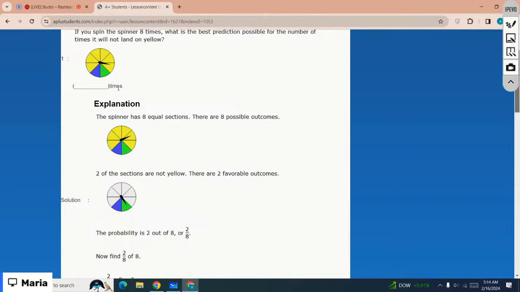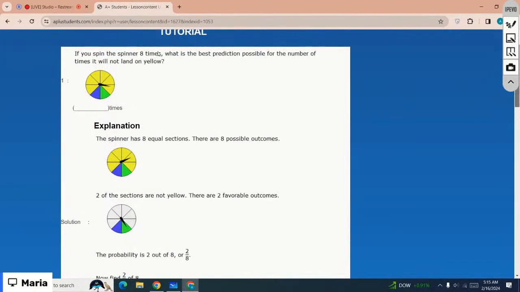But in the question, you are given that you spin the spinner 8 times, right? You need to predict the answer. If you spin 8 times, how many times will it not land on yellow? So the probability of one time is 2 over 8, right?